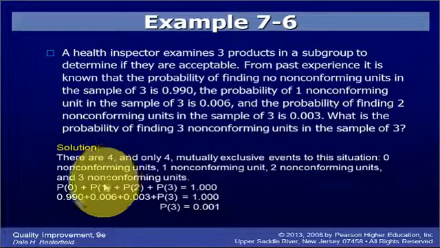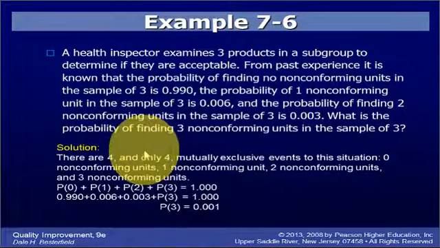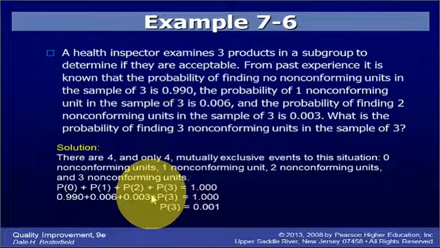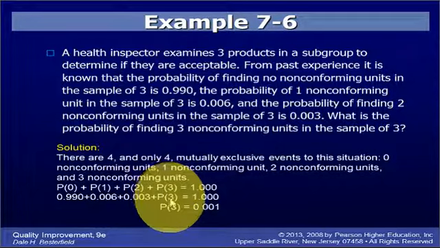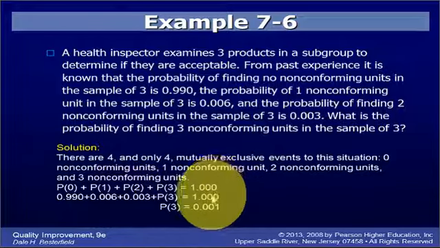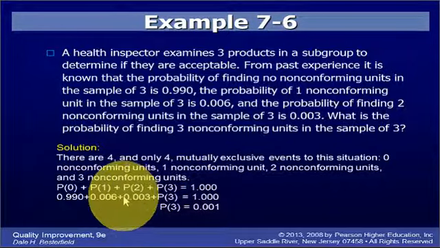I already know the probability of getting 0, 1, or 2 non-conforming units from the statement. And then it asks what is the probability of finding 3 non-conforming units in this sample of 3. That means all these 3 products that I picked are non-conforming, right? And therefore P3 just equals 1 minus P0 minus P1 minus P2.